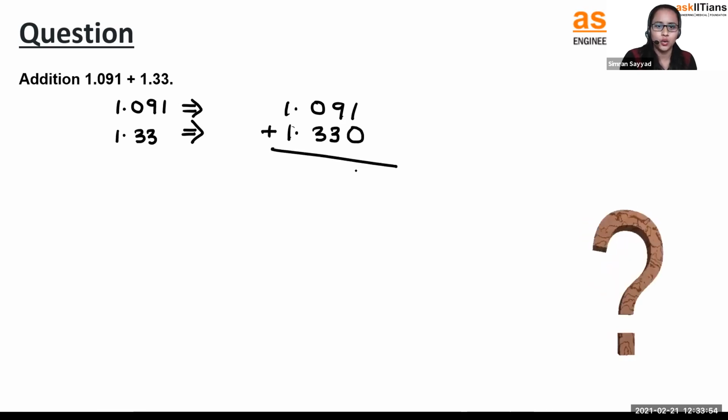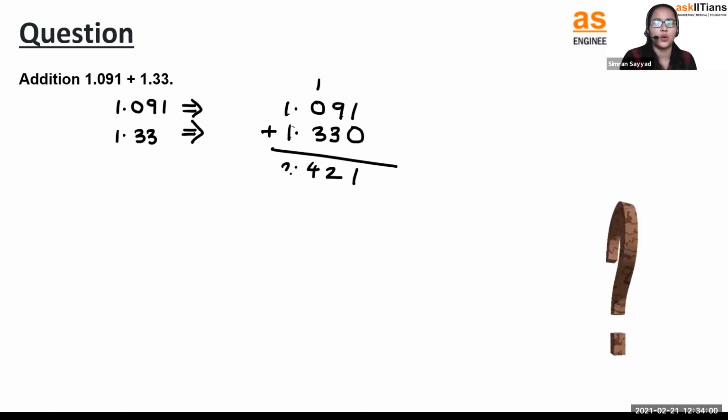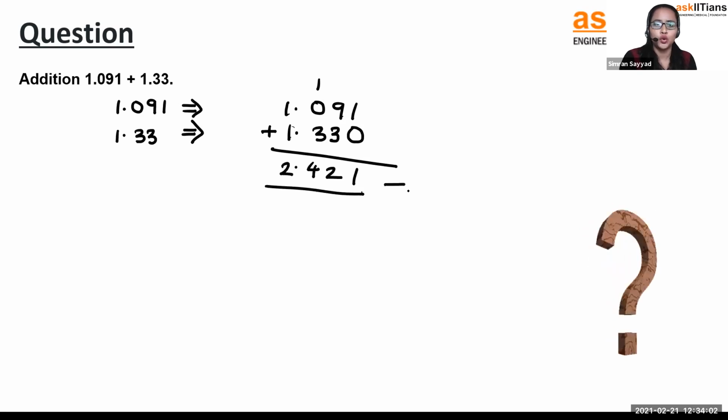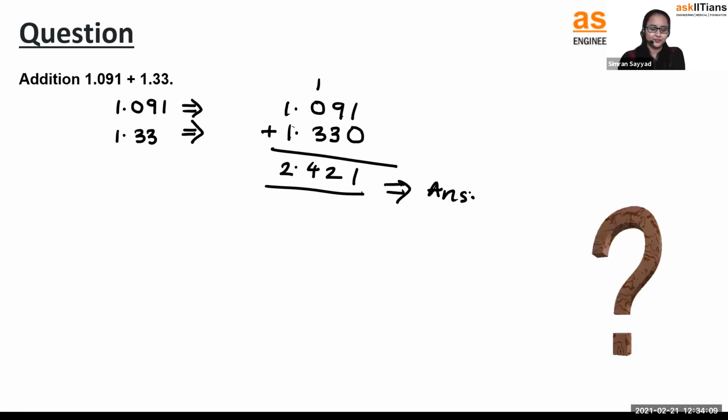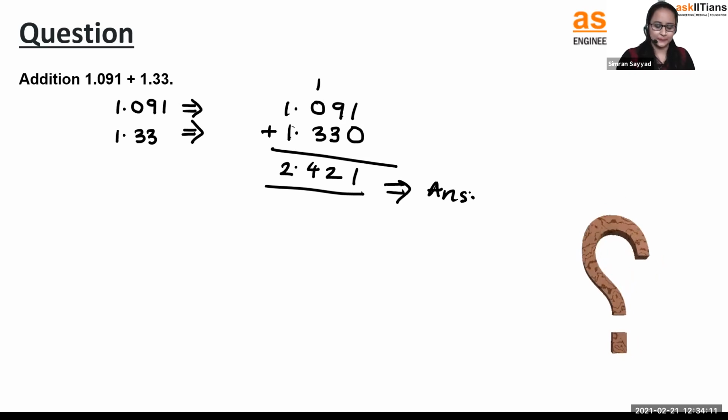So what you'll get: 1, 9 and 3 gives you 12, 4 and 2. So the answer is 2.421. This is your answer. Understood, dear students? Okay, great.